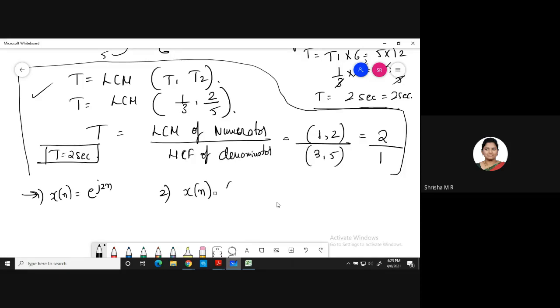Second: x of n is equal to cos 3 pi by 4 n. And the third one is sine 3 pi by 4 n plus cos 5 pi by 7 n. Try solving this.